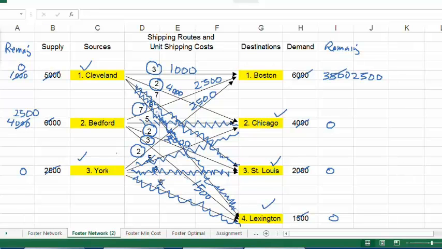So what we've done is we have loaded the routes with the amount to try to favor the cheapest routes. Try to use as much as we can of the cheapest routes.